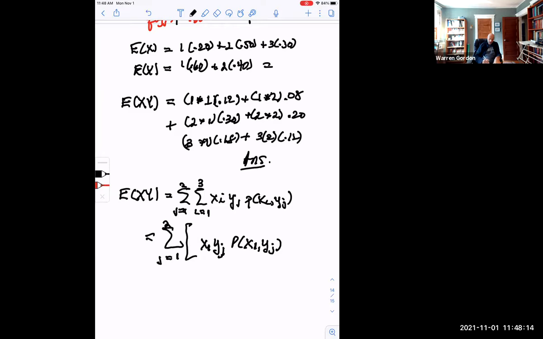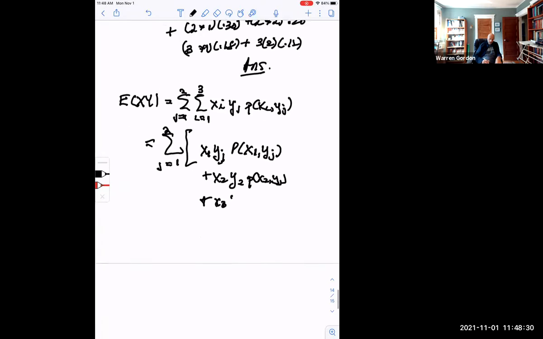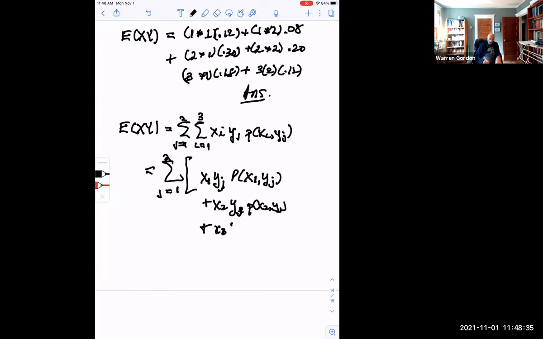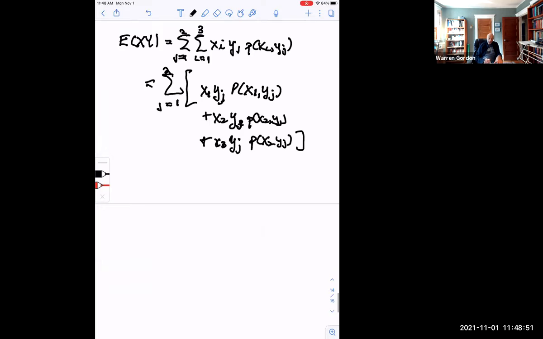First I let x be 1, then I let x be 2, and then I let x be 3. Hold on, I'm sorry, this is a yj. p of x3, x1 to x3 yj, p of x2 yj. So now what happens is I have 3 more sums.